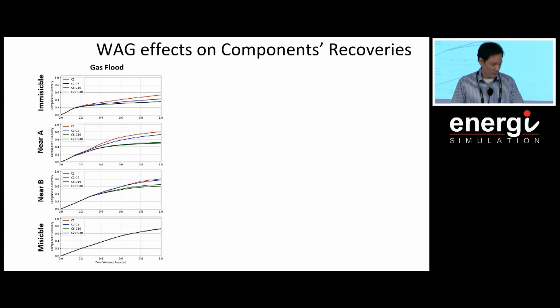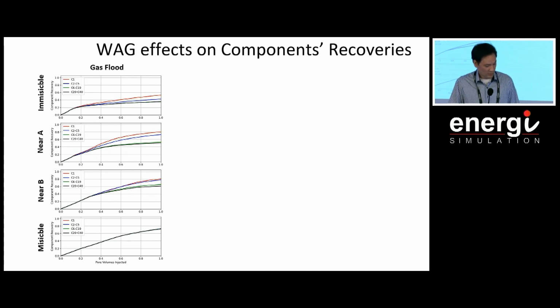So you can see, especially for the near miscible A, a large spread between the recovery of the lighter components and the recovery of the heavy components, and that's something that most everyone would expect, really, because the CO2 will strip the lighter components of the oil, leave the heavier ones behind.